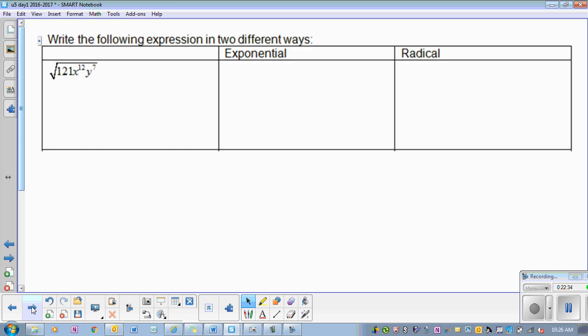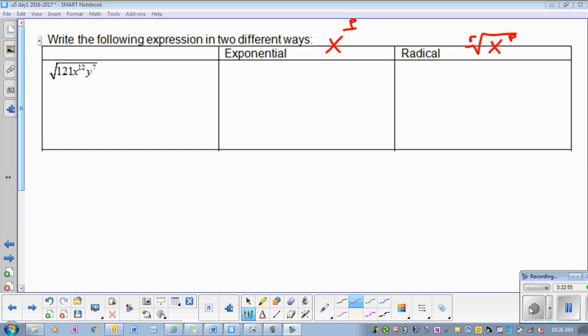One way is the radical way, and that's what we've basically been doing: the rth root of x to the p power, and simplify the radical. And then the exponential way, so x to the power over root.